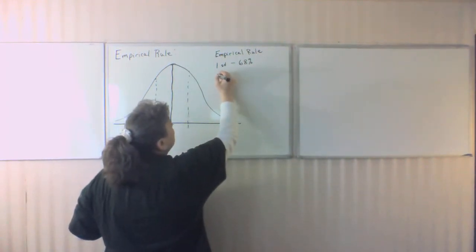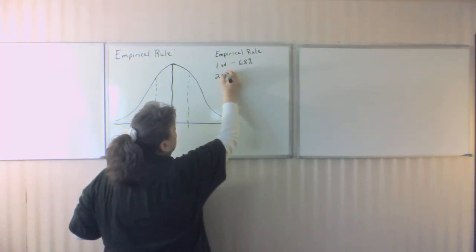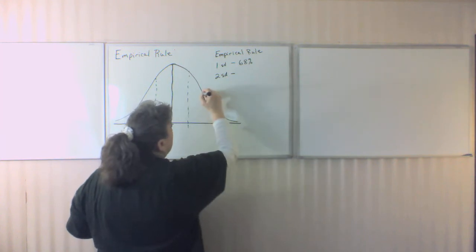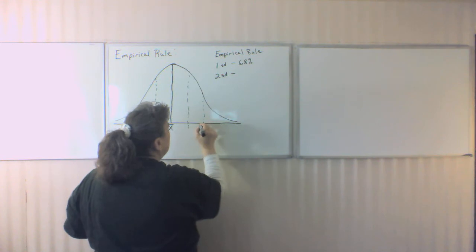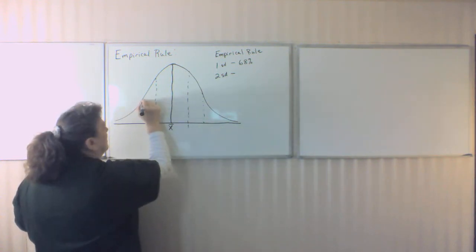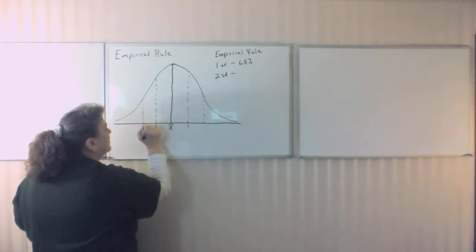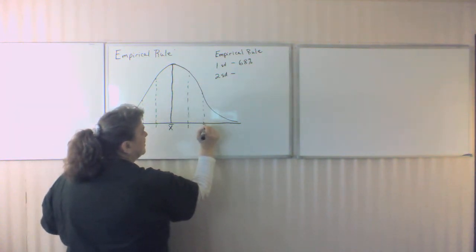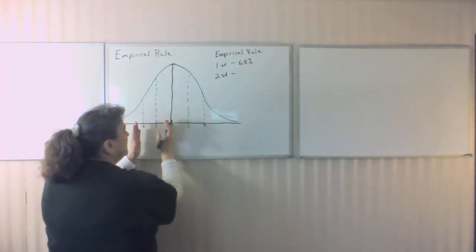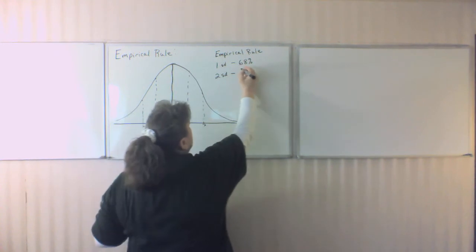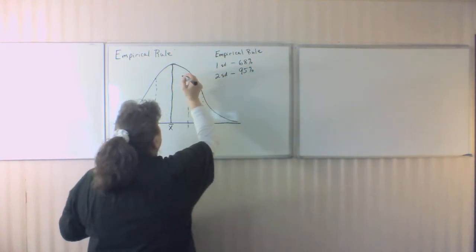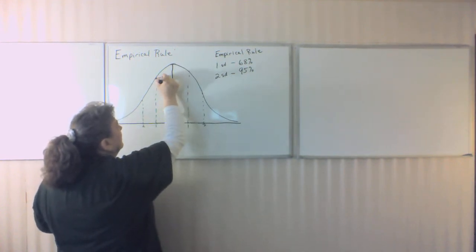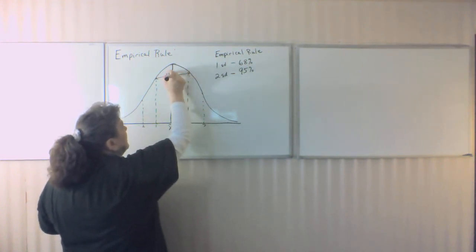If we go to the second standard deviation to either side of the bell curve, that's going to bring you over to here, and these should be equal distance, even though I'm not very good at making them that. So this is the second standard deviation, and that contains 95% of the data. In other words, from here to here contains 68%.